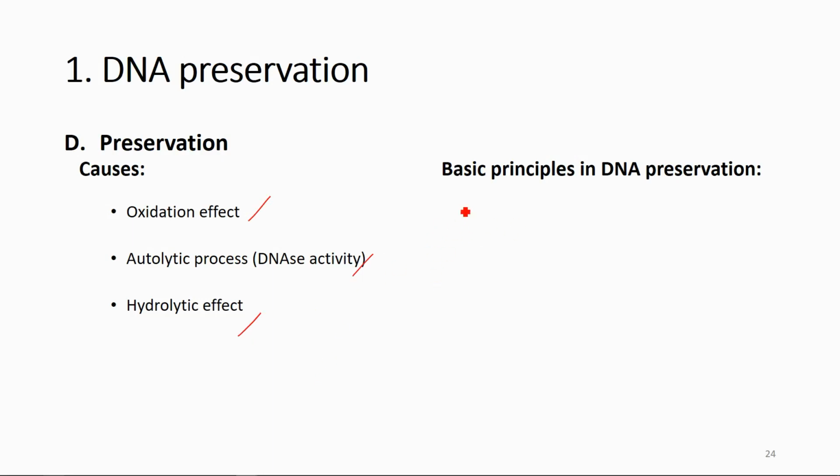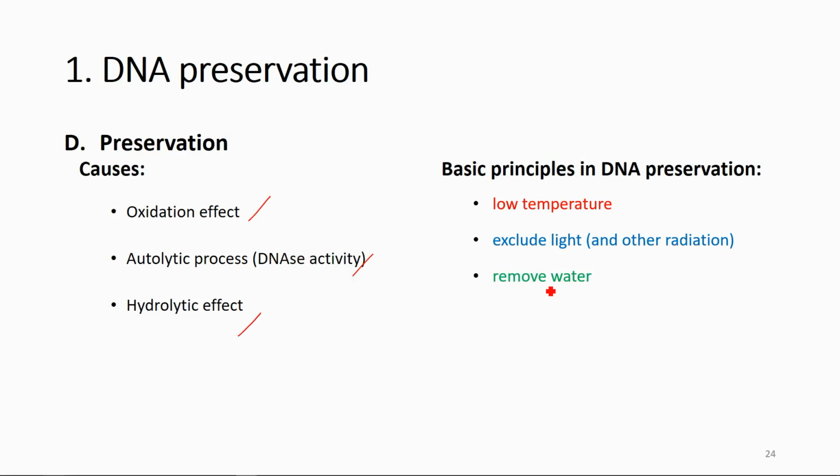So we can look for ways to minimize all these effects and activities. One way is to keep your sample, the tissue, at low temperature. Then you can lower the enzyme activity and exclude the light or other radiation. In this way, you reduce the oxidation effect.